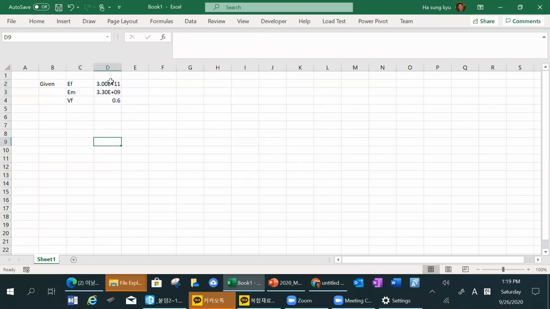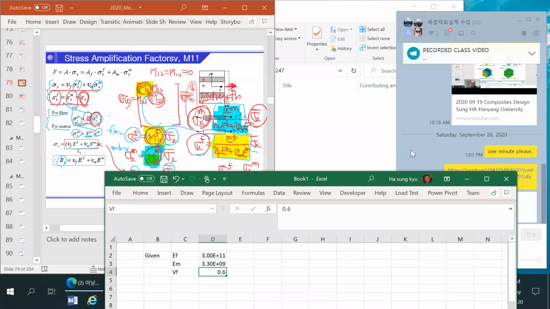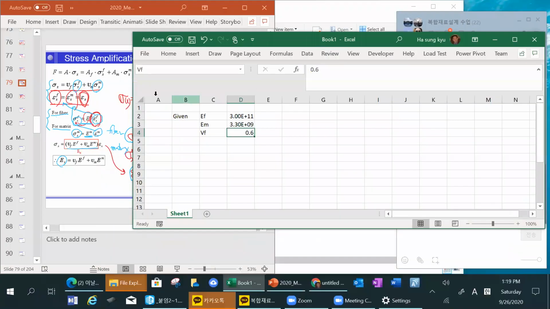As you can see, this cell will automatically have the name EF because we selected it and assigned the name. So the left column will be the name of the right-hand side column. And this one, EM and VF. So this is the easy way to assign the names.